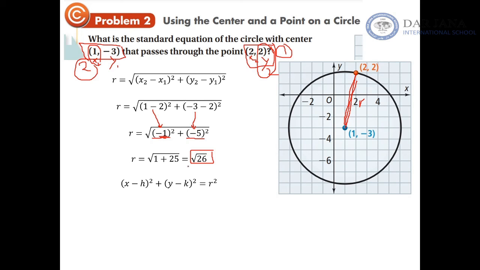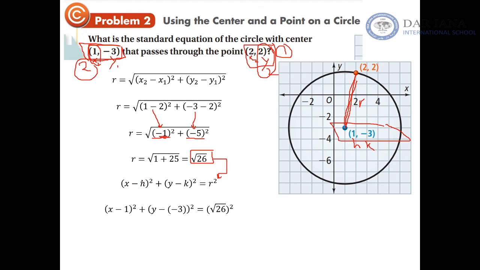So here, which point is the radius, which point is the center? Sorry, the center is this point right here, (1, negative 3). This is the center right here, so this one is h and this one is k. And the radius, I already have it here, so I'm going to replace it here.